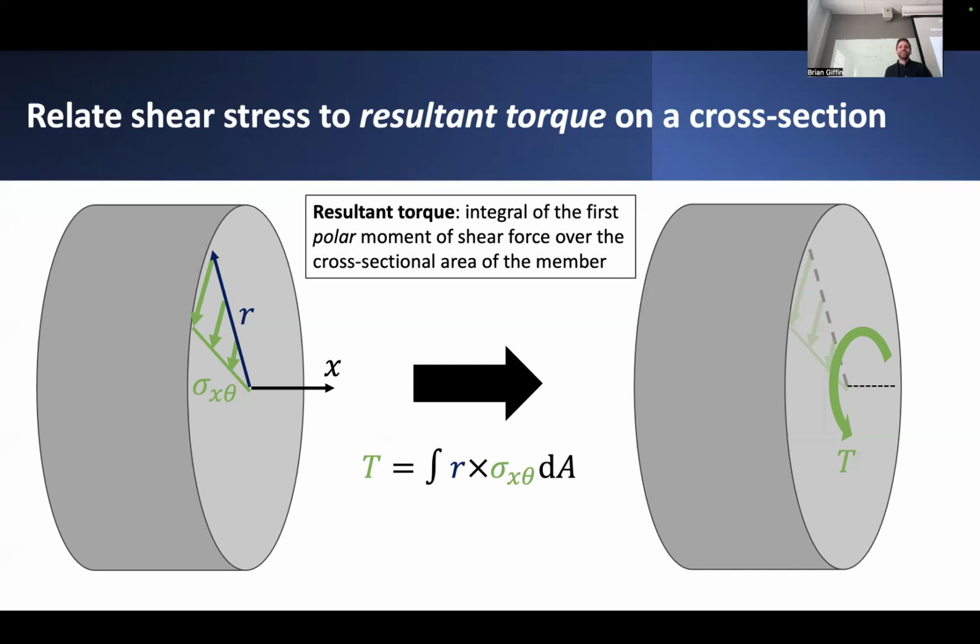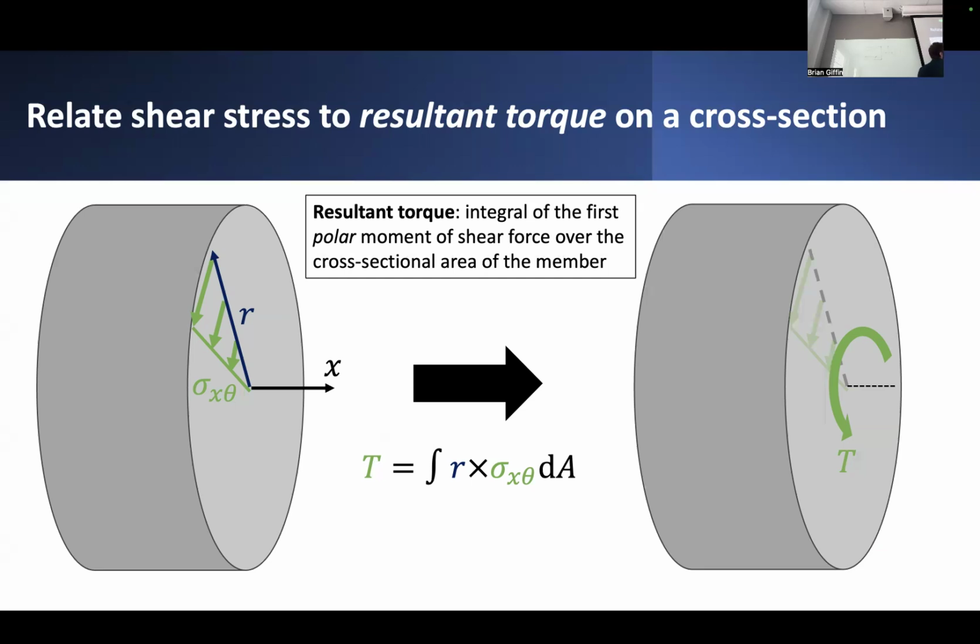Now, knowing this, I can come up with a way of representing not a distribution of shear stress over the cross-section, but instead I can reduce it down into a very simplistic description as a stress resultant quantity, or a resultant torque, just by integrating contributions of small moment arms R multiplied by the perpendicular shear stress component to come up with a small contribution to the torsional moment that would be developed.